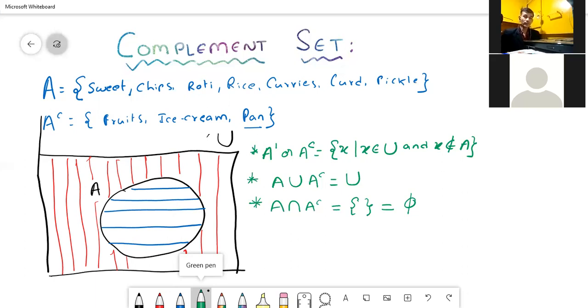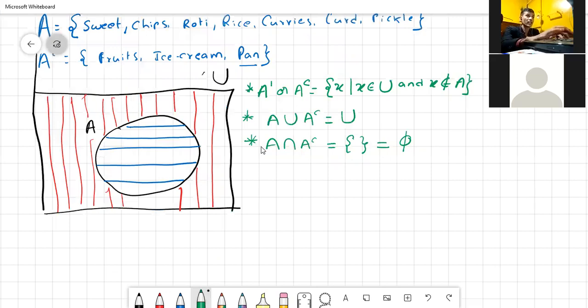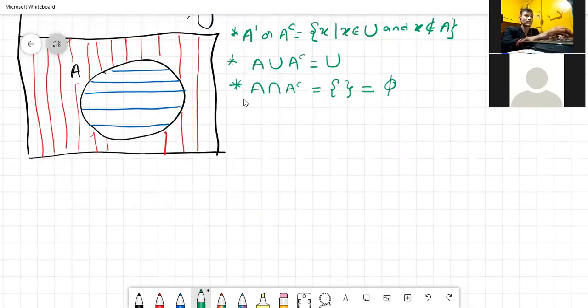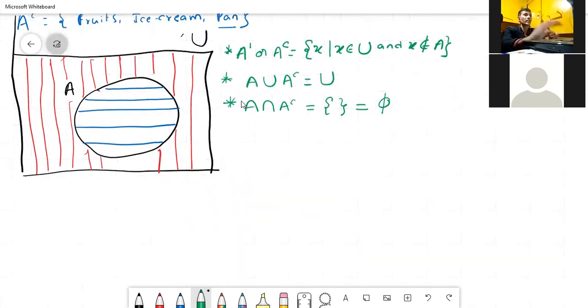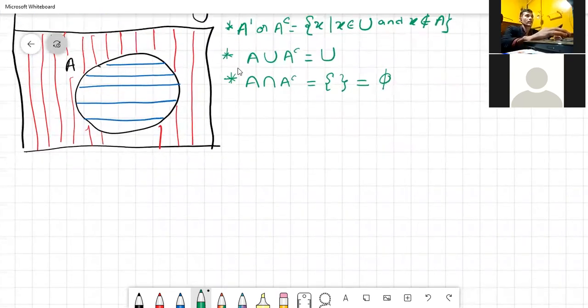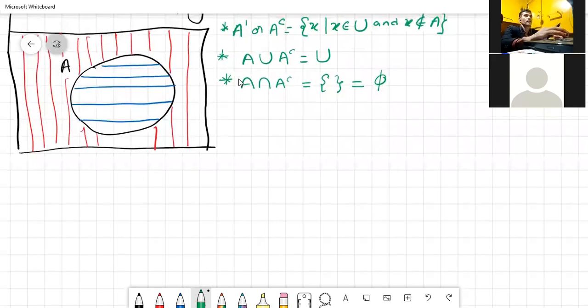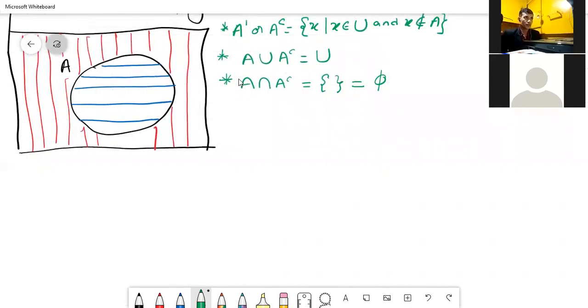Now we can discuss the number system and relate it to complement. If you take the number system, real numbers, we will try to draw the Venn diagram.